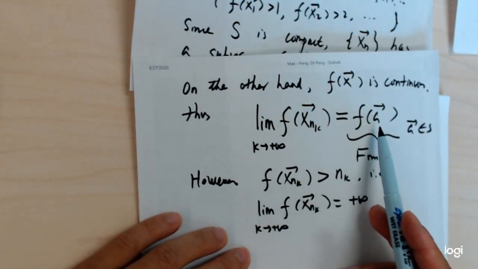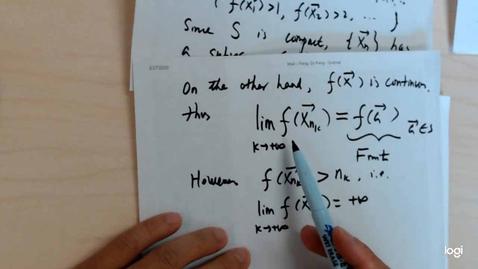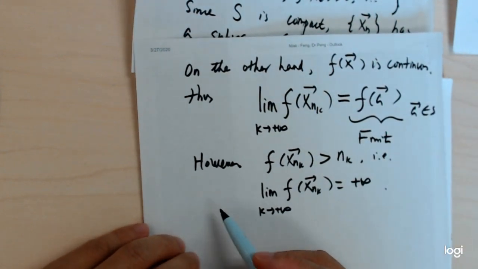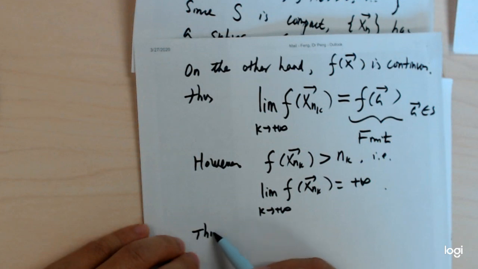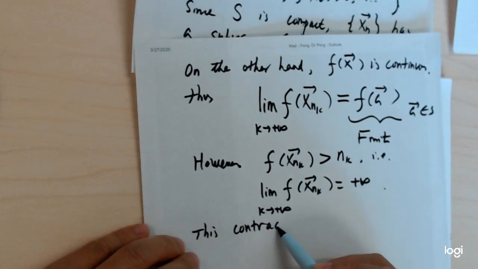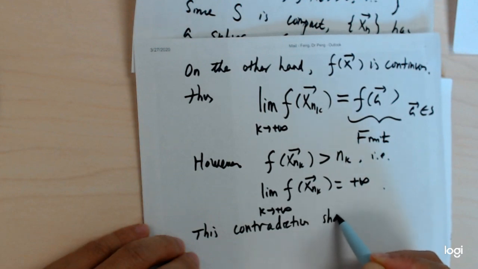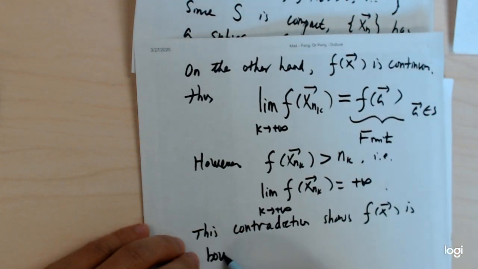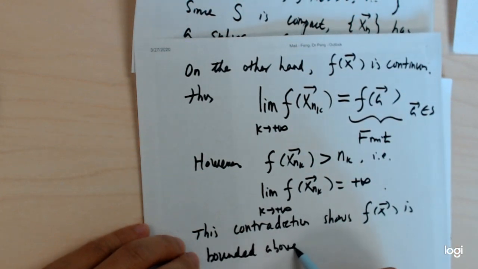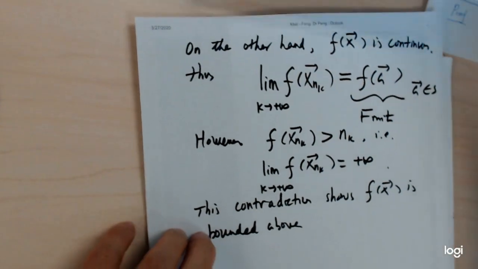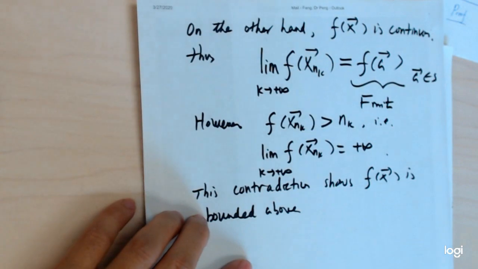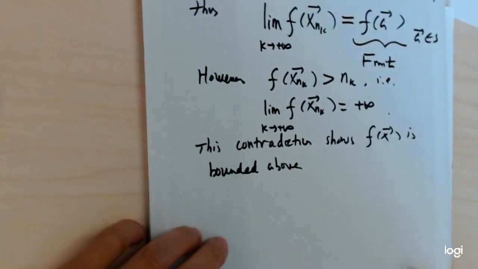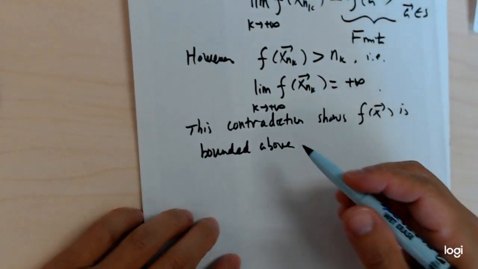The number on the right is finite, but the limit on the left is infinite. So this contradiction shows f of x is bounded above. Similarly, we can prove f is also bounded below.